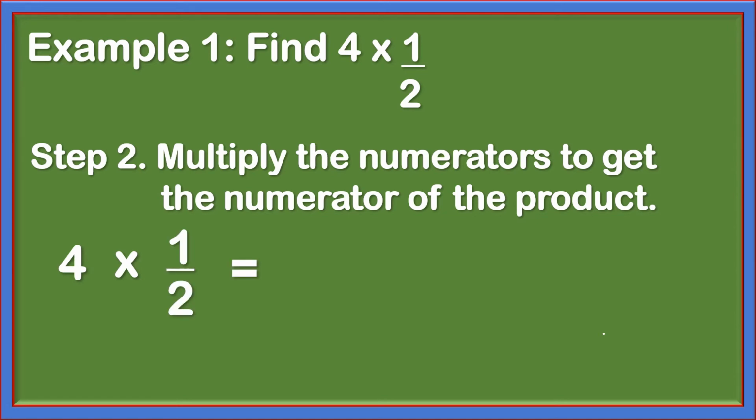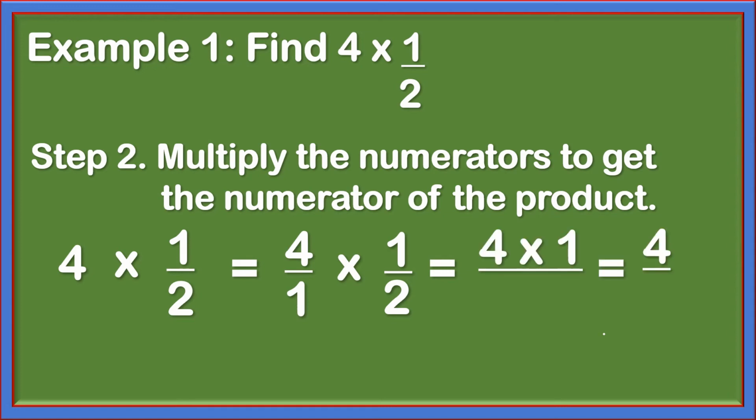Okay. Ito pala yung step 2. Step 2, 4 times 1, 4 over 1 times 1/2 equals 4 times 1 equals 4. Dito pa lang, numerator pa lang pala. Nauna na ako, nakapag-answer na ako. Anyway, ito yung 4 times 1 equals 4.